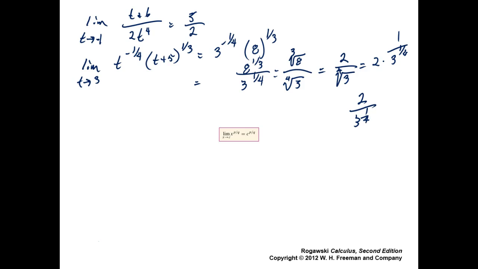You can write it 2 over the 4th root of 3. It's the same thing. But they started the problem with exponential notation, so they didn't go to radical notation. I just did that so you would see what the cube root of 8 was, what that meant. But I would leave it in that form. It doesn't matter. Either way will work. And we got it right. Good for us. Okay?